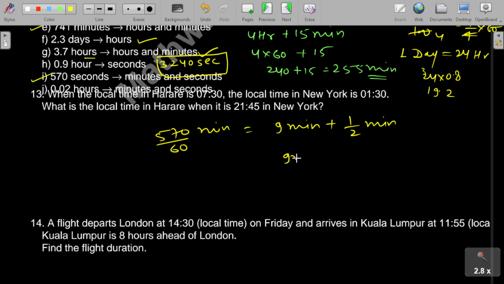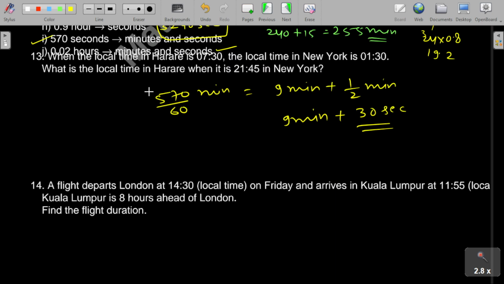So this is 9 minutes plus 30 seconds because 1 minute is 60 seconds. So 1 by 2 minute is 30 seconds. This is our answer, 9 minutes and 30 seconds. Okay, next this one you will do by yourself. 0.02 hour multiplied by 60 and you will get the answer.